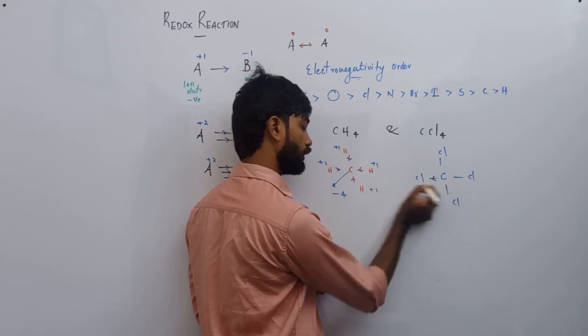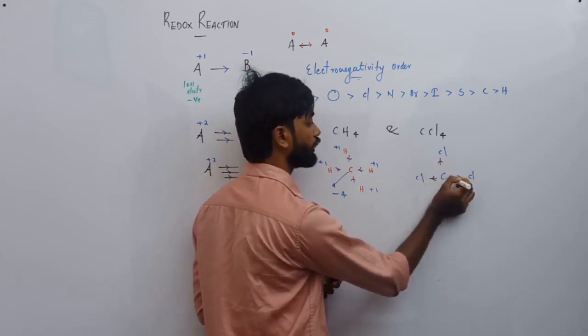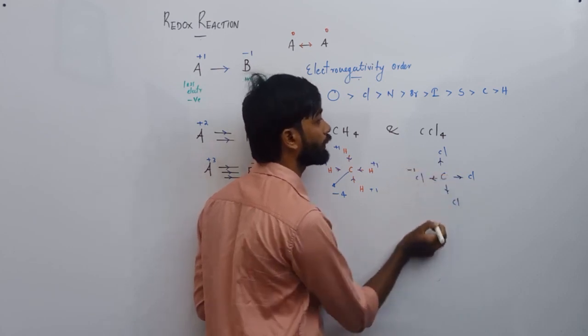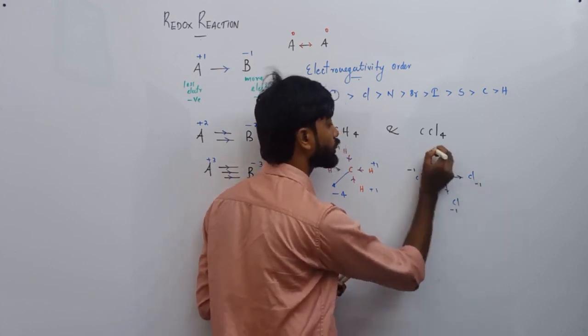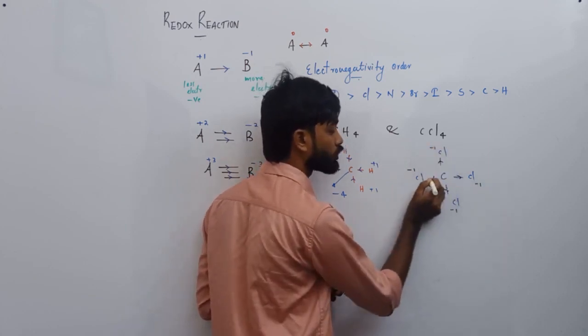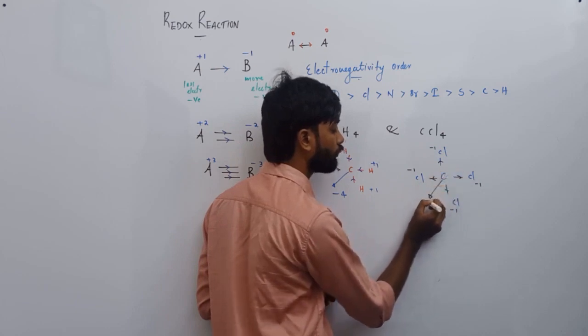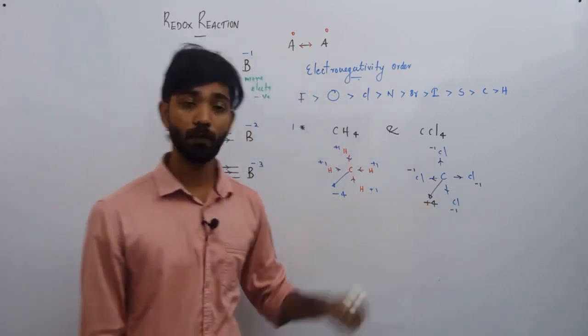So the polarization is towards chlorine, like this, like this, like this, like this. For this bond, chlorine attains -1 and carbon attains +1. For each of the other bonds, chlorine -1 as well. So +1, +1, +1, +1 from all four sides, so the total will be +4. So here the carbon is -4, here the carbon is +4.